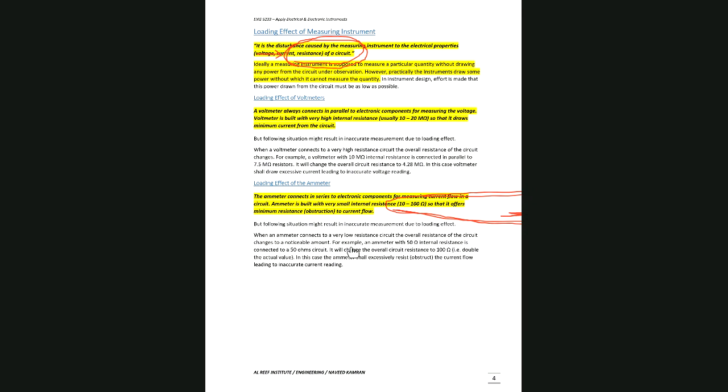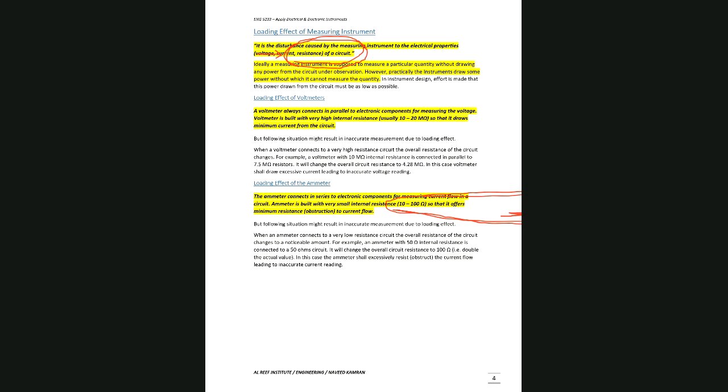We try to keep the internal resistance of our voltmeter as high as possible so that when you connect it in parallel to the circuit for voltage measurement, due to its high resistance it only draws a very little amount of current, so that it is not loading the circuit and gives you a measurement as accurate as possible. But there is a situation written in the second paragraph of loading effect of voltmeter: the following situation might result in inaccurate measurement due to loading effect.